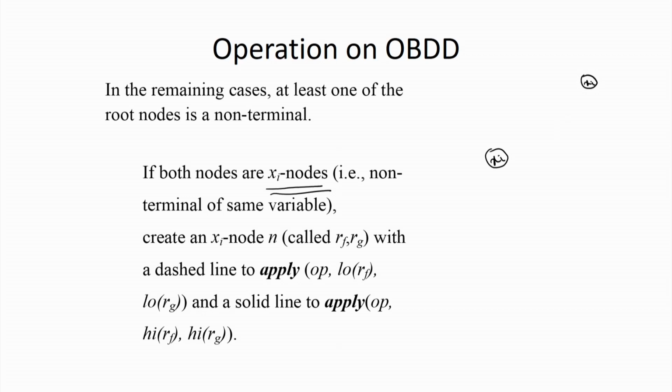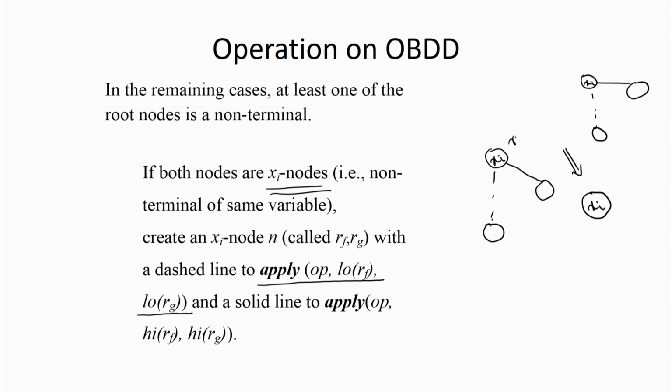In that case, for the resultant BDD, we will create an xi node with a dashed line to apply of low of BF and low of BG, and a solid line to apply of high of BF and high of BG.